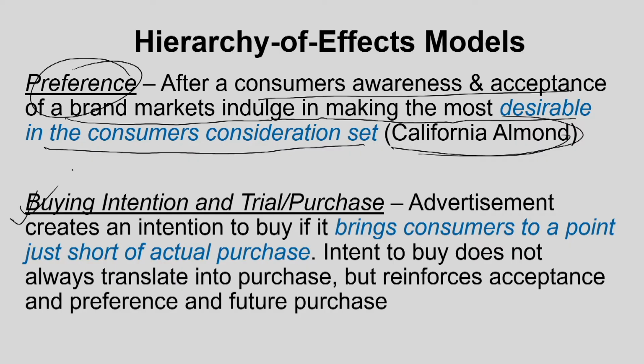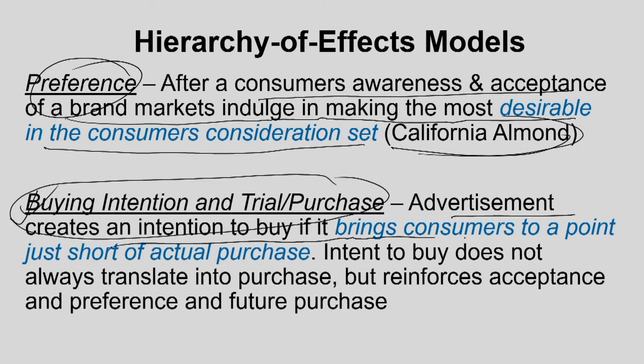The fourth step in the AIDA model is buying intention, inducing buying intention, trial and purchase. Advertisements create an intention to buy if they bring consumers to a point just short of actual purchase. Marketing communication should be made in such a way that people not only know about it, are aware of it, accept it and prefer it, but they also indulge in buying it, they also develop this buying behavior.